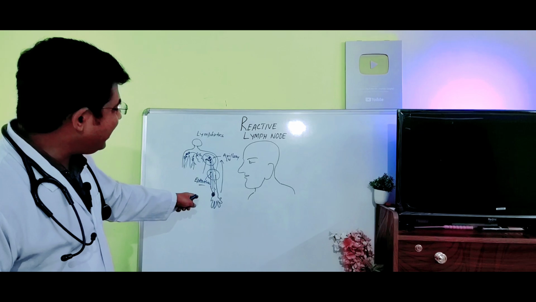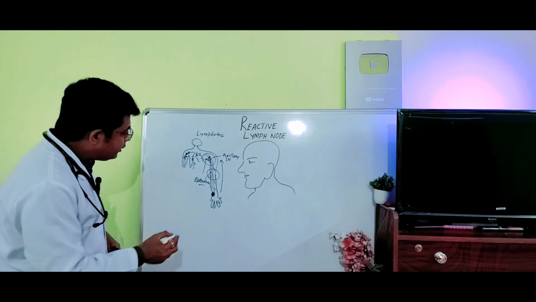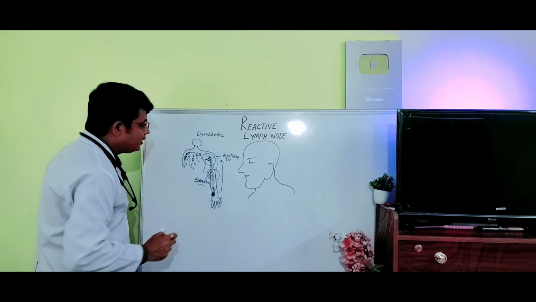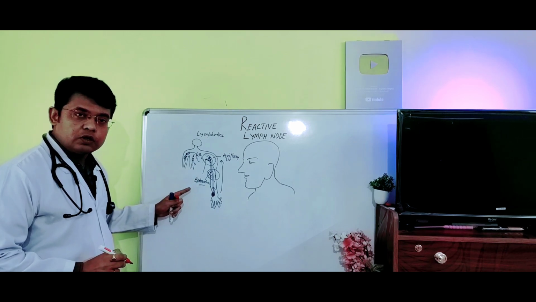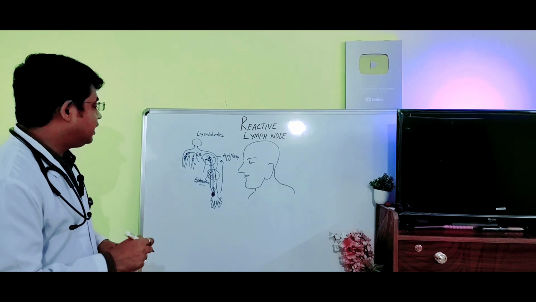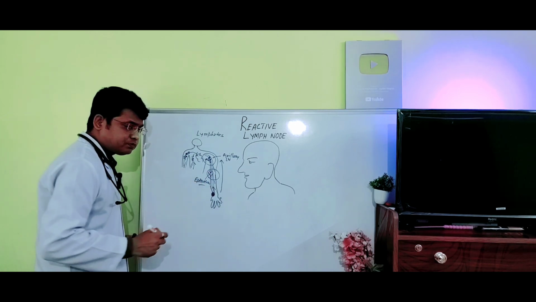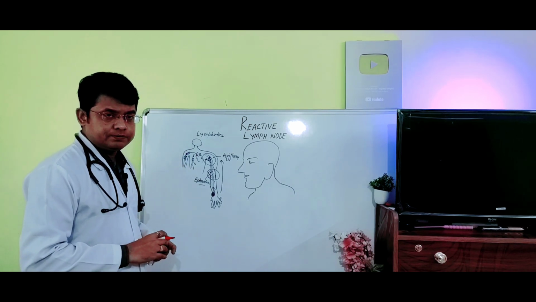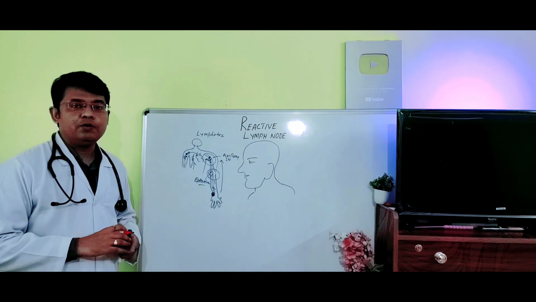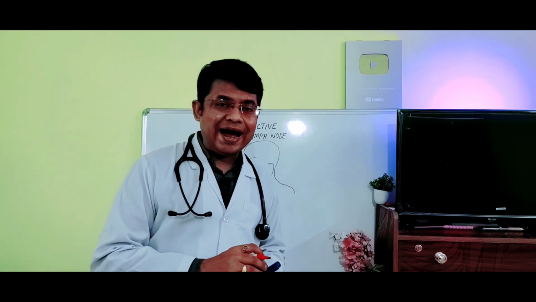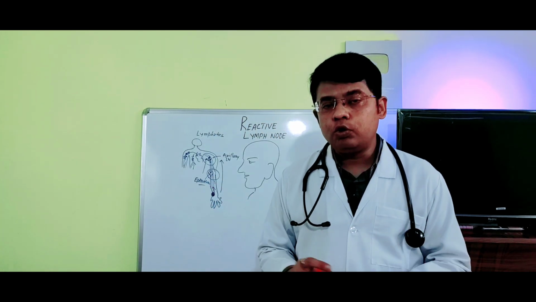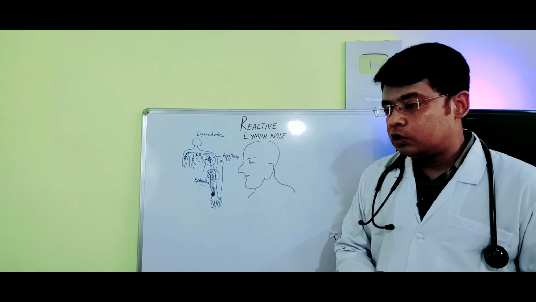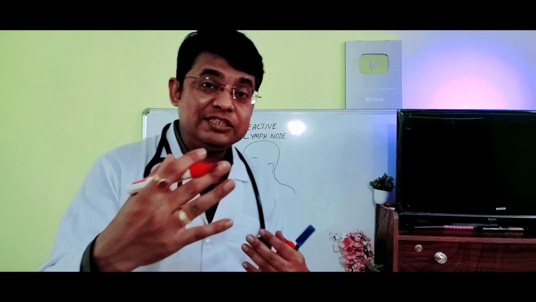The bacteria entering that region will travel via the lymphatics and reach the draining lymph node, where the bacteria will be subjected to lymphocytes. By exposure to the specific antigens on the bacteria, those lymphocytes will be activated.